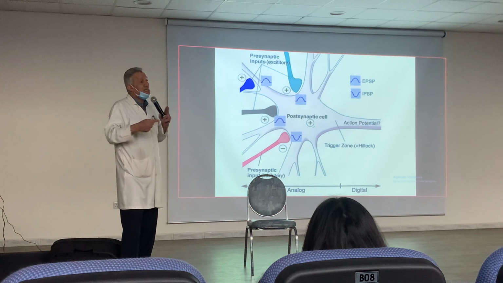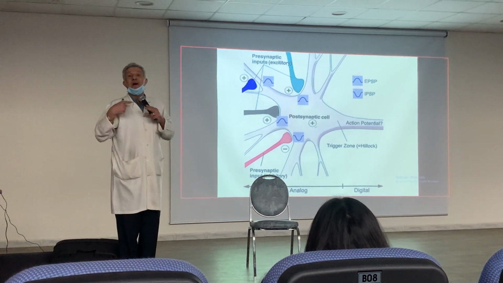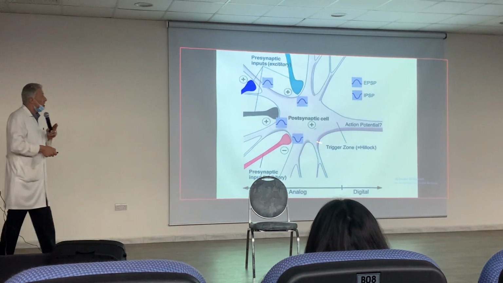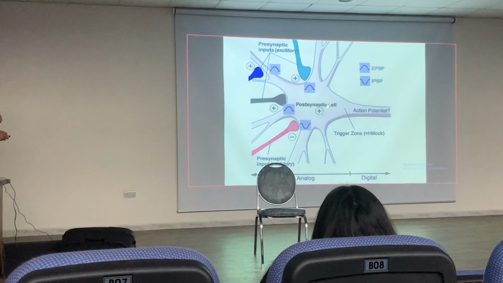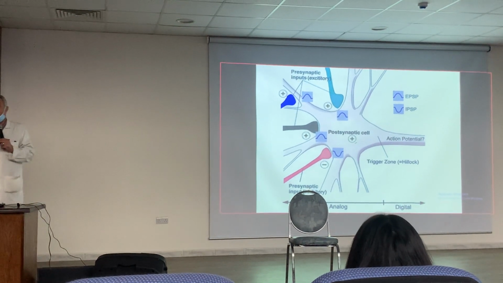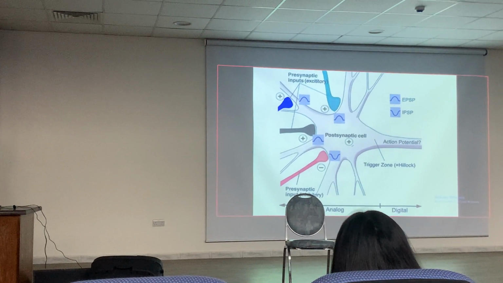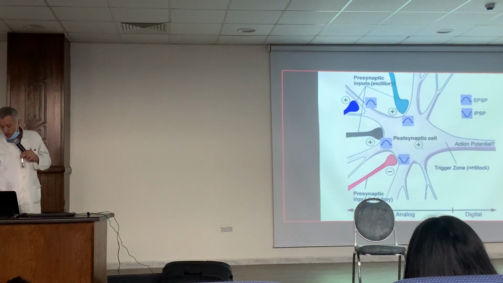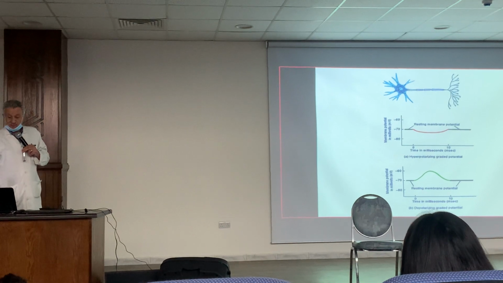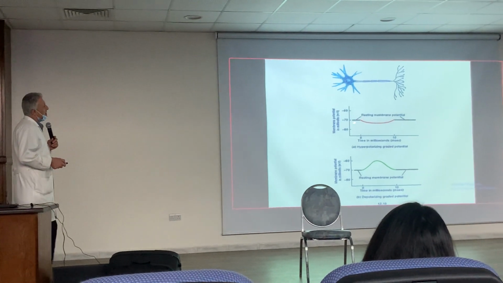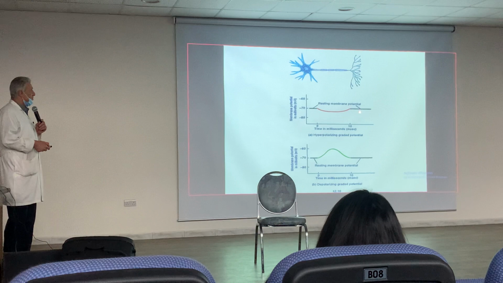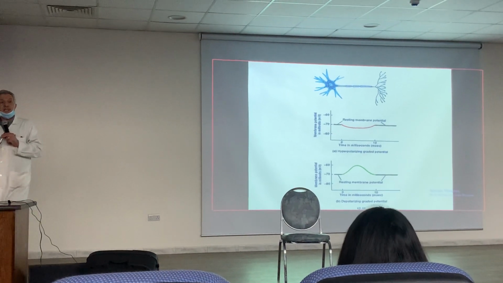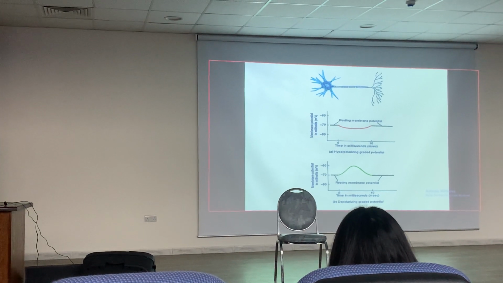If by that sum you are not reaching the threshold, you get no action potential. So the decision to generate or not generate an action potential takes place at this part of the neuron, the axon hillock. This is representing inhibitory postsynaptic potential. This is down, representing excitatory postsynaptic potentials.